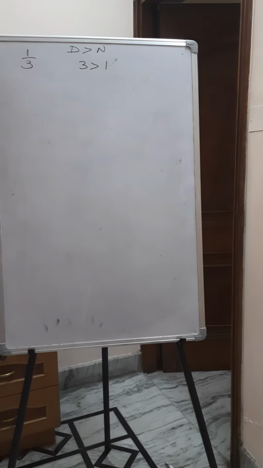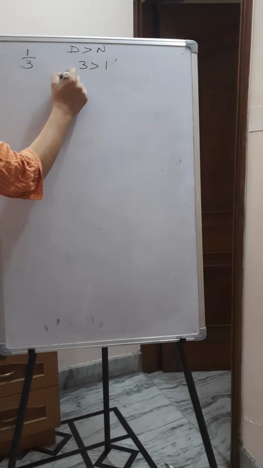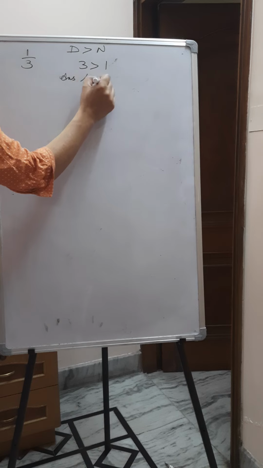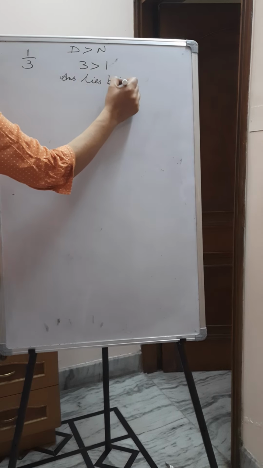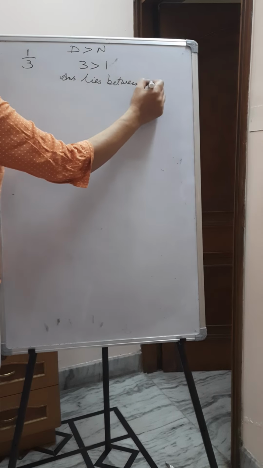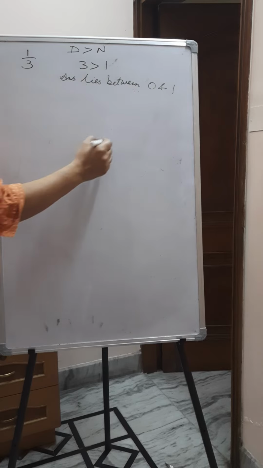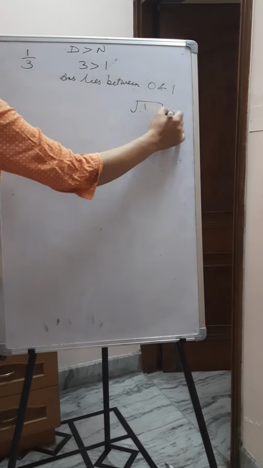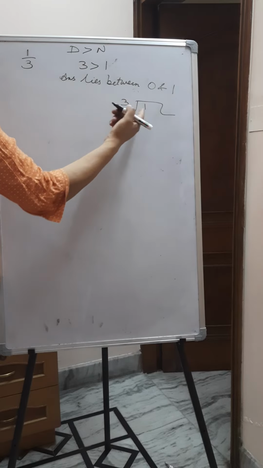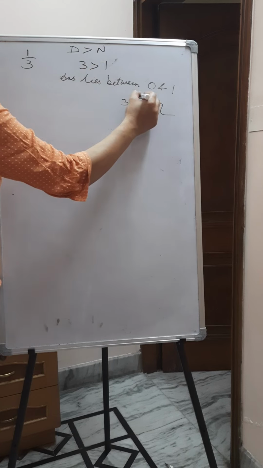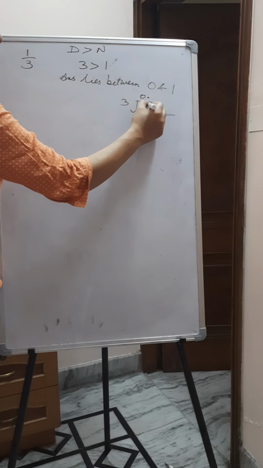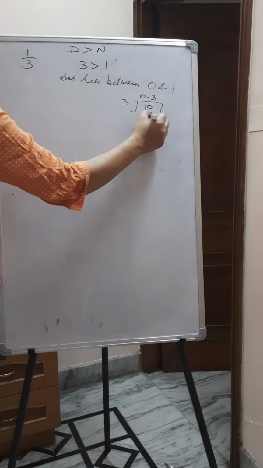Whenever the denominator is greater than the numerator, the answer lies between 0 and 1. What is the reason? When we divide 1/3, 1 is smaller, so you put 0 here, then a decimal, put 0 here, 3 3s are 9.